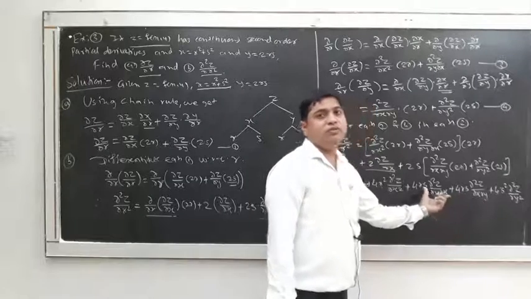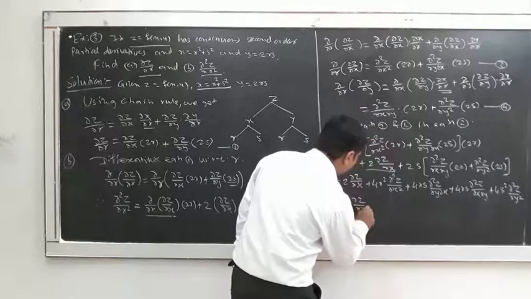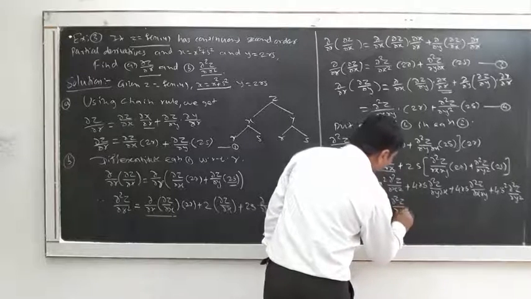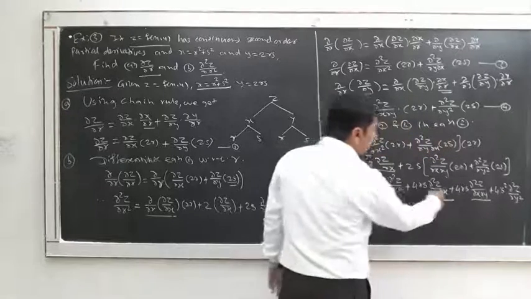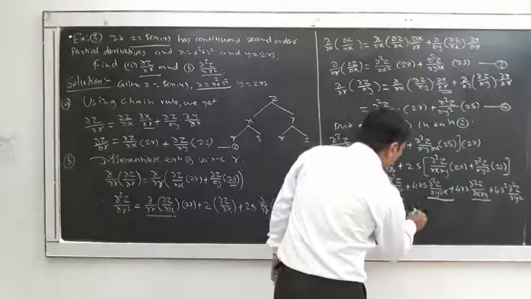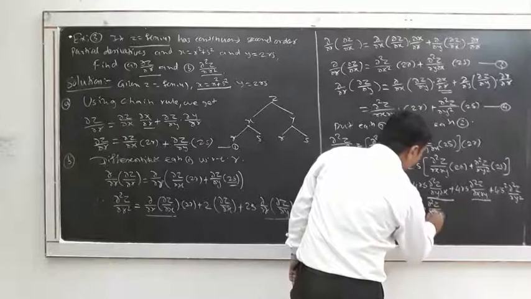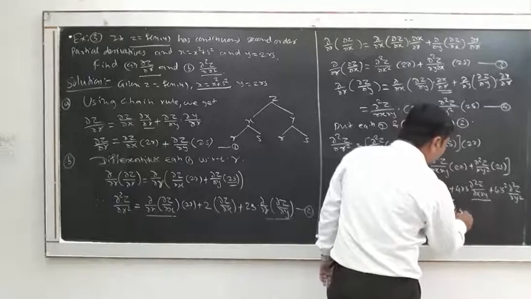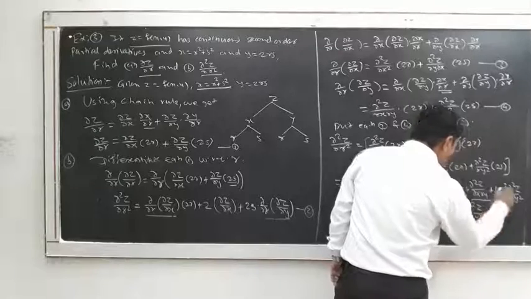Mixed partial derivatives are equal. Therefore 2 ∂z/∂x plus 4R² ∂²z/∂x², and these two quantities are equal, therefore 4 plus 4 it should be 8RS ∂²z/∂x∂y plus 4S² ∂²z/∂y².